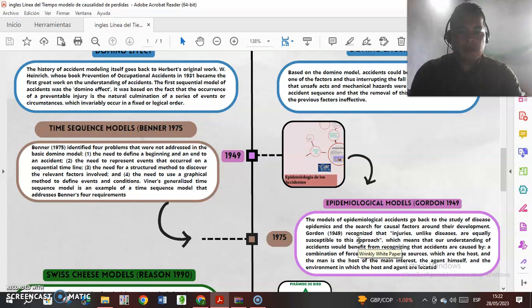Gordon, in 1949, recognized that injuries, like diseases, are susceptible to this approach, which means that understanding of accidents will benefit from recognizing that accidents are caused by a combination of forces, which are the host, the agent, and the environment in which the host and the agent are located.